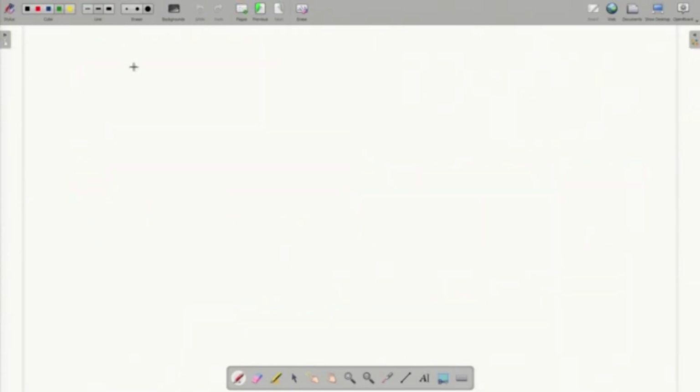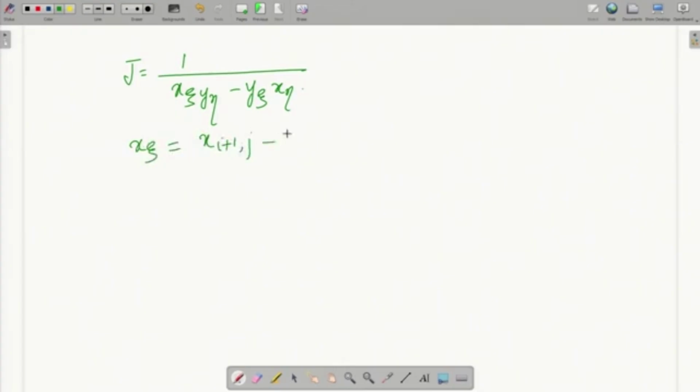When it comes to the Jacobian, these can be computed numerically in the computational domain. So, say for example, x_xi can be calculated like this, or x_eta may be calculated like this.